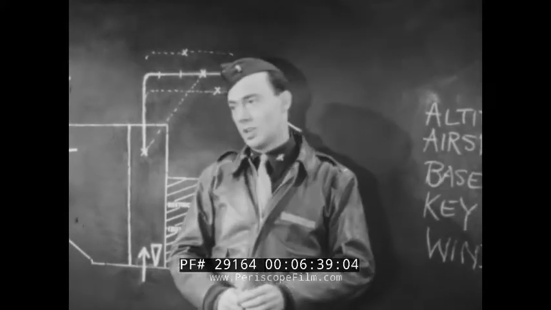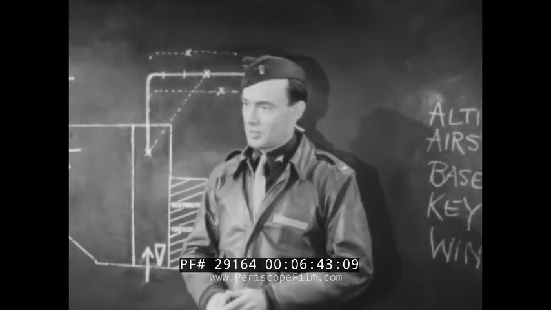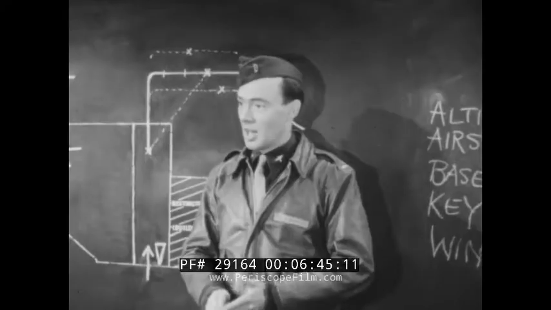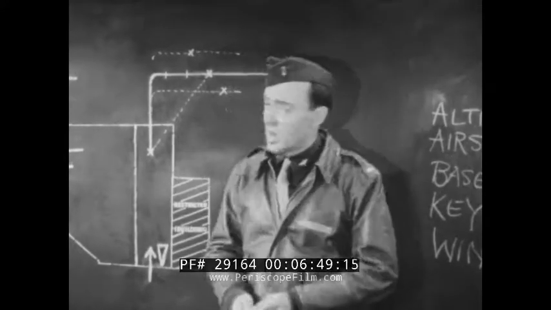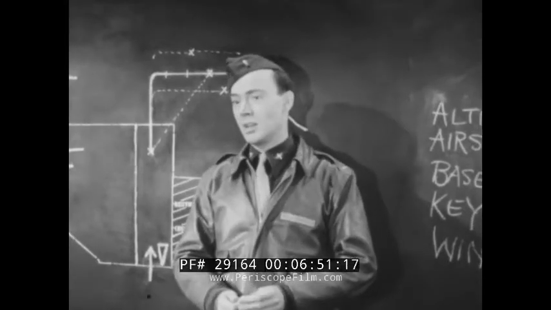You cannot have your key point so close that you don't have time to dissipate your airspeed, establish your normal glide, and make your gliding turn. And on the other hand, it mustn't be so far away that your turn will be made at a dangerously low altitude. Well, these things, of course, are fundamentals which you all should already know. But to use them properly is a test of your ability as pilots.